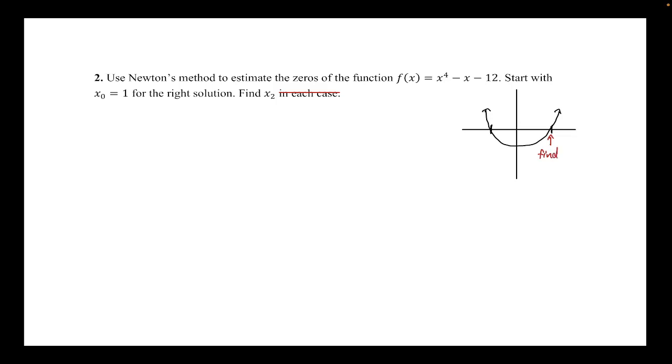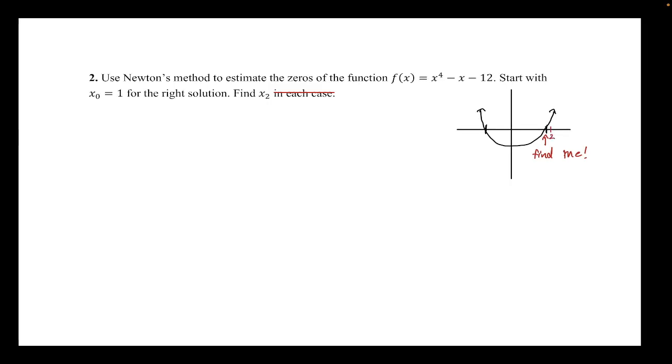If you had the graph, you would see that this is approximately at 2. Actually, it wanted us to use 1 right there. So it's approximately at 2, but it wanted us to use x sub 0 equal to 1. So that's right here.